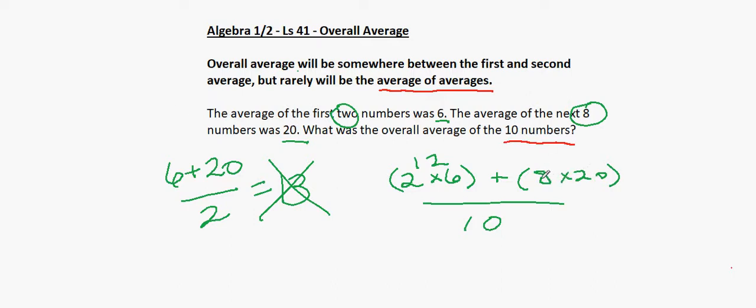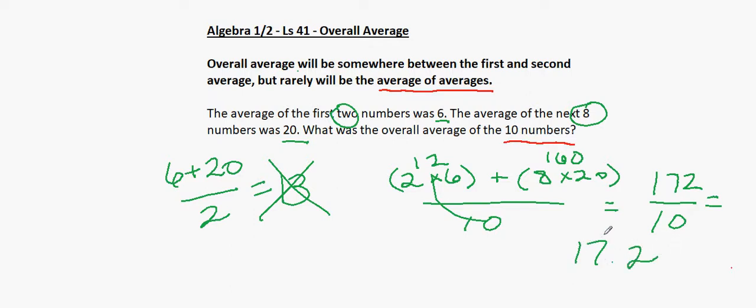So to find that, I go 8 times 20, and that's 160. These two products get added, so you're going to have to show at least this step and then one more. 172 divided by 10. Simple math, because 10 just means you put a decimal one spot to the left. Our actual overall average should be 17.2.